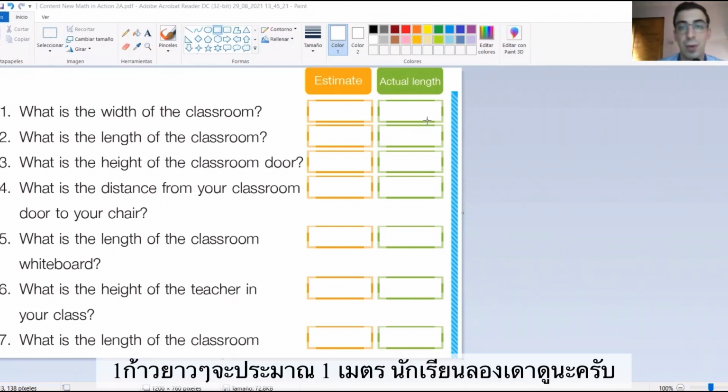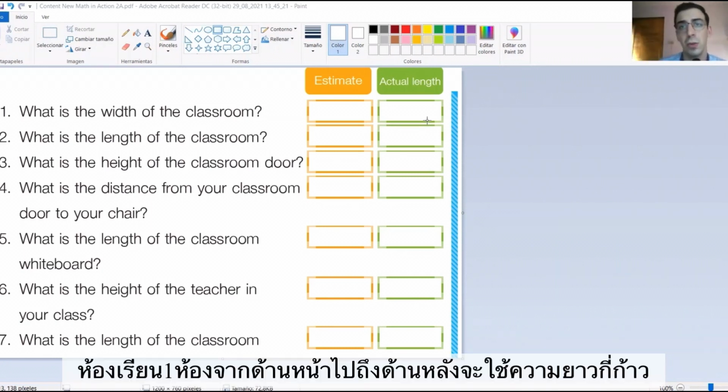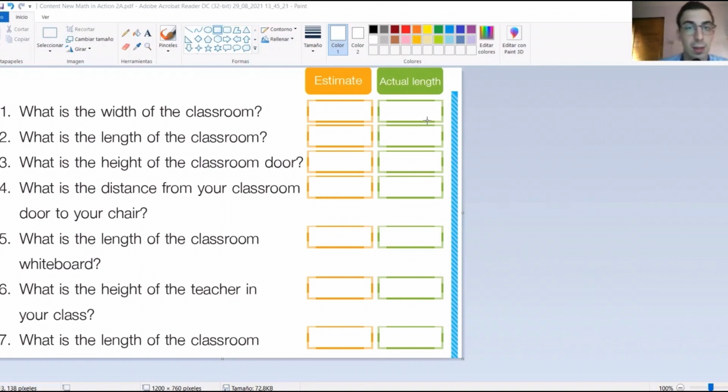For a reference, one long step is about 1 meter. So think how many steps I should walk to get to the front wall, starting from the blackboard. Write it down here in estimate.